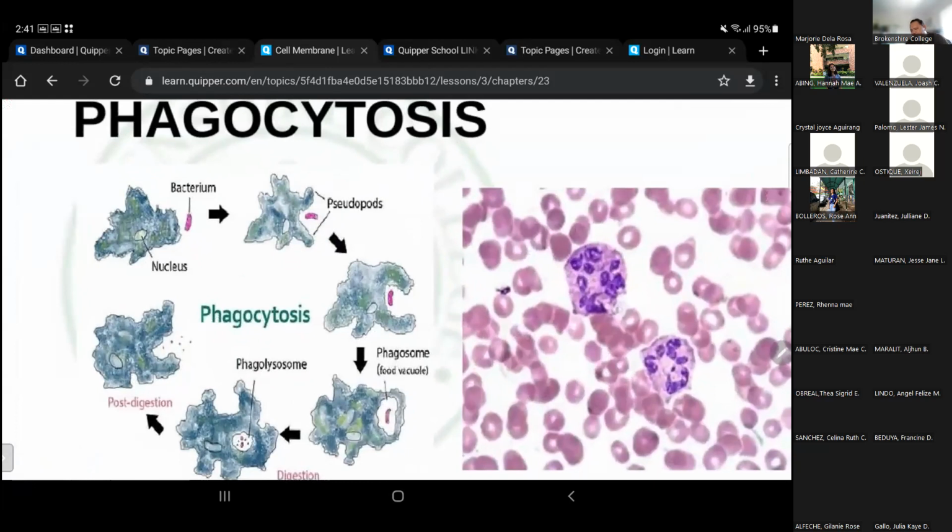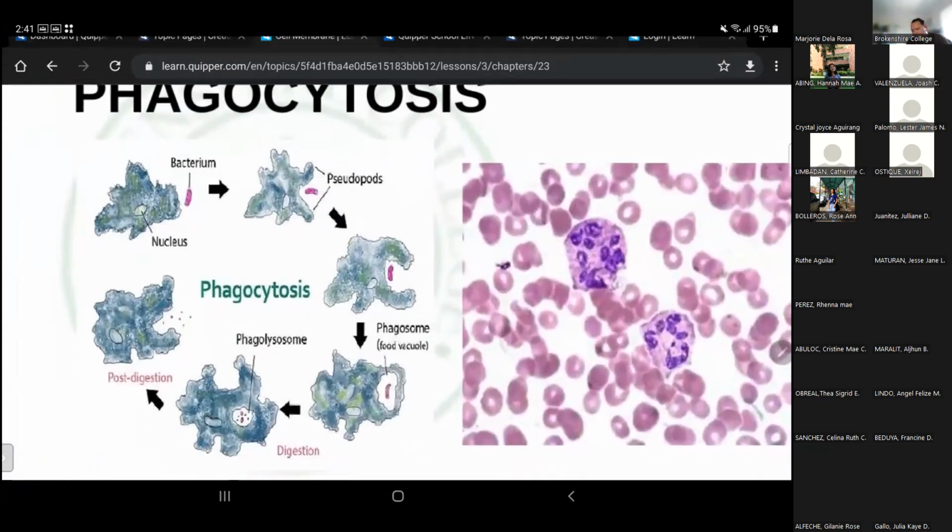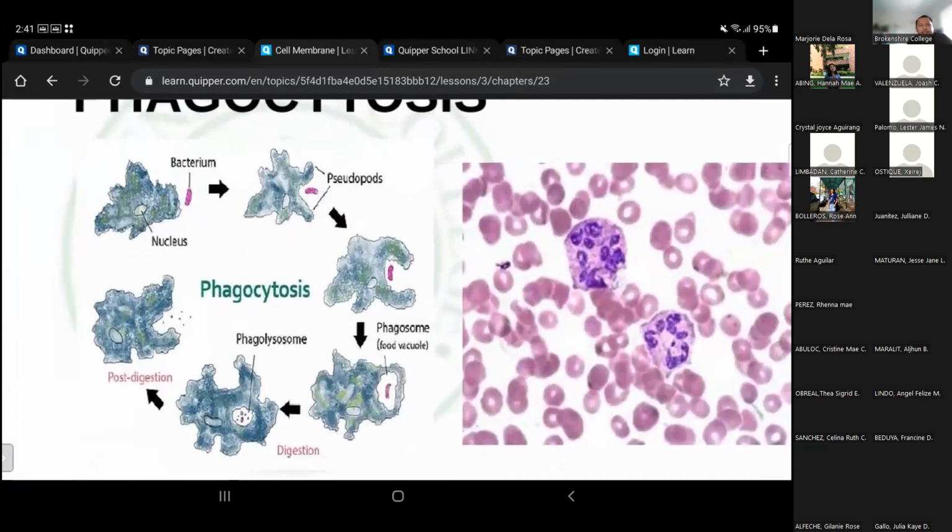So example of this one, no? Example of this one is yung mga parasites natin, like your amoeba, which has pseudopods, no? Pseudopods which allow phagocytosis of the food.